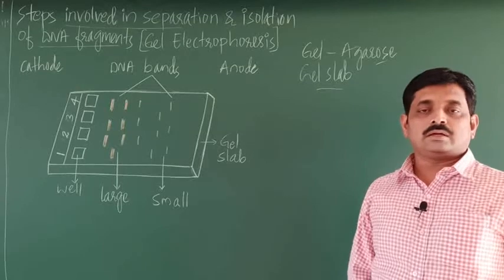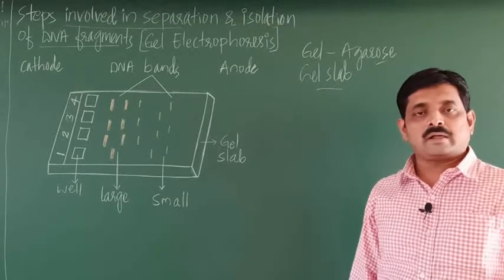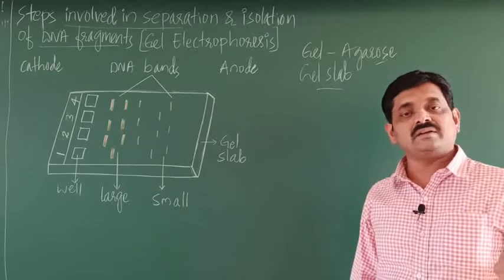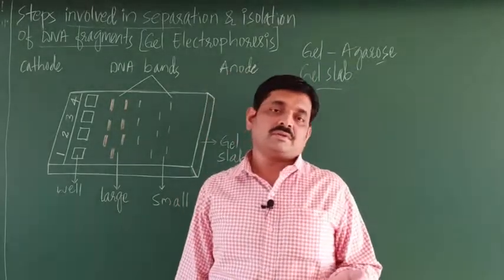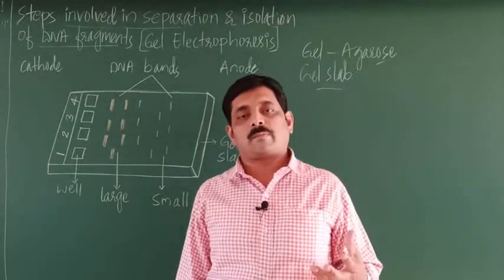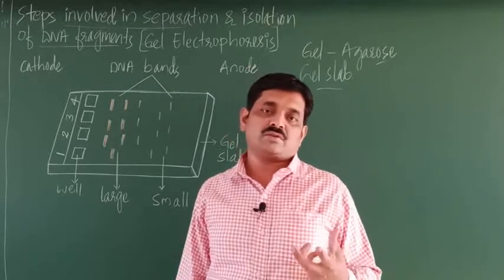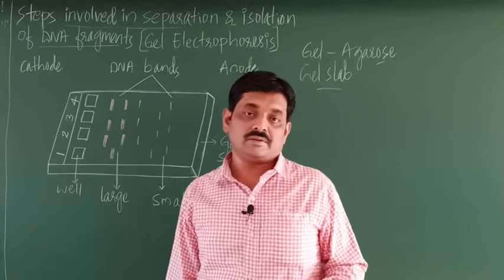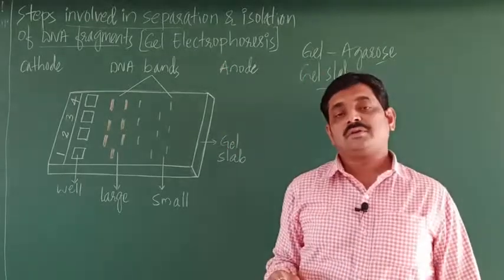Electrophoresis. So here, separation of DNA fragments is done under electric field. That's why it is called electrophoresis. So this process takes place on a gel slab under electric field. That's why it is called gel electrophoresis.